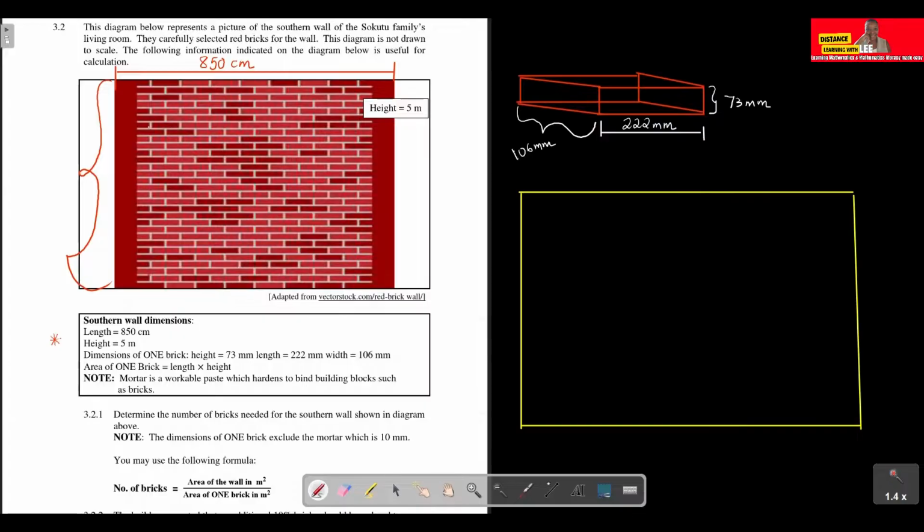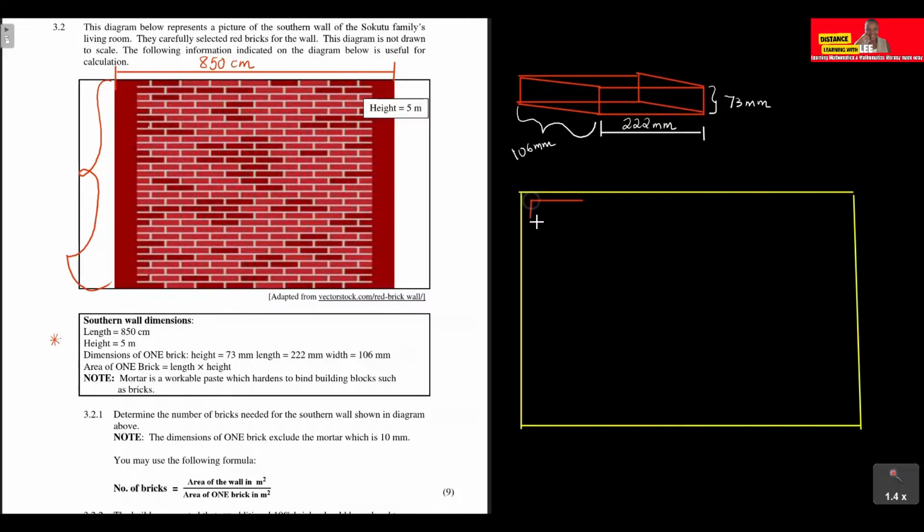So for us to determine how many bricks we can fit into the southern wall, obviously we're just going to be focusing on the area of one brick. Do you see that? What is the area covered by one brick? And then we want to determine how many bricks we should put into this area of the southern wall. So this is going to be our approach.